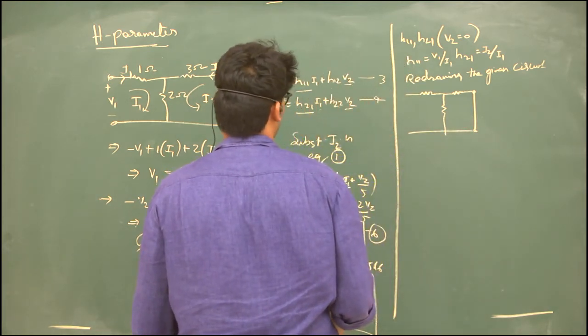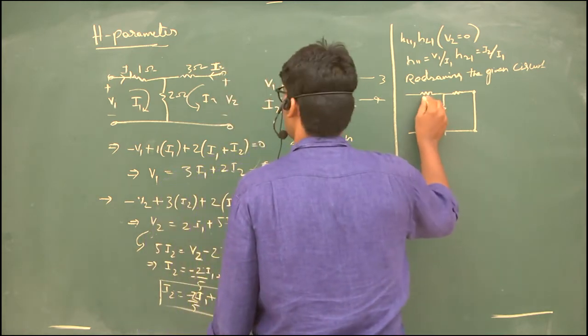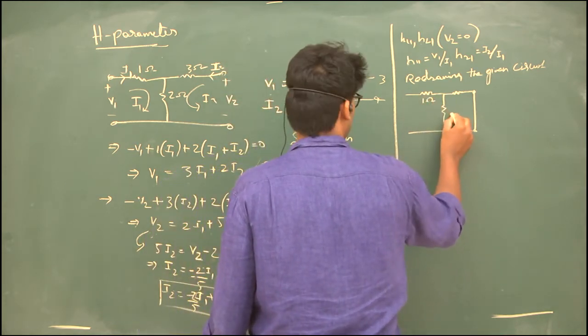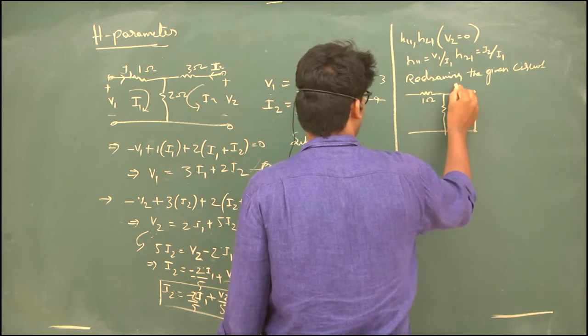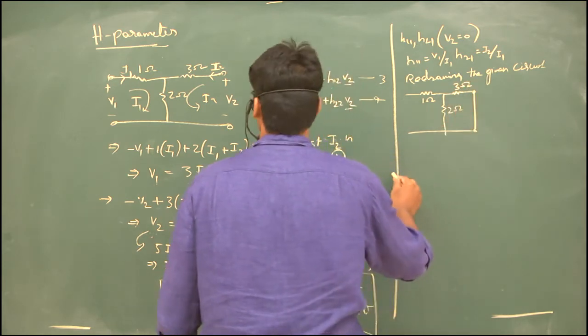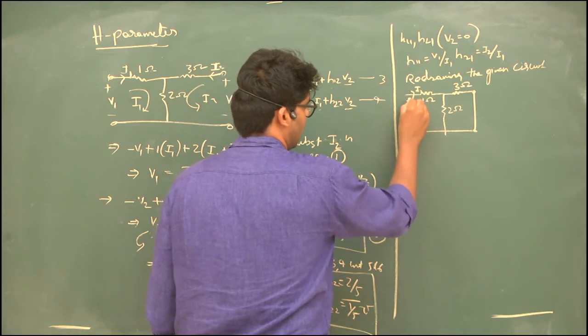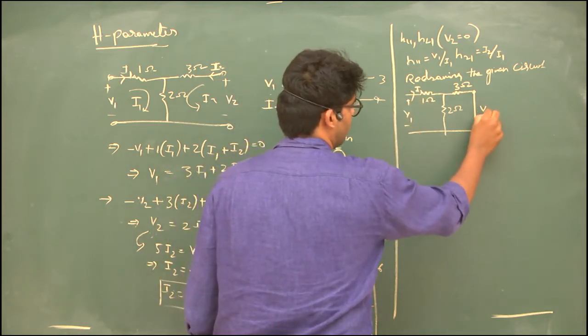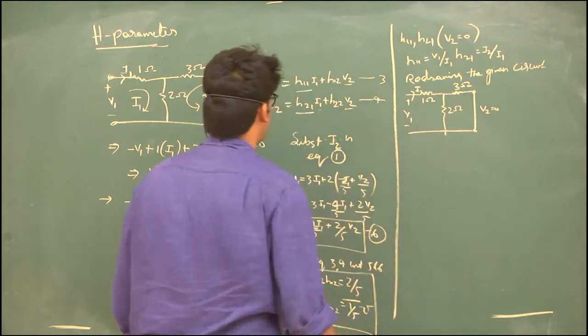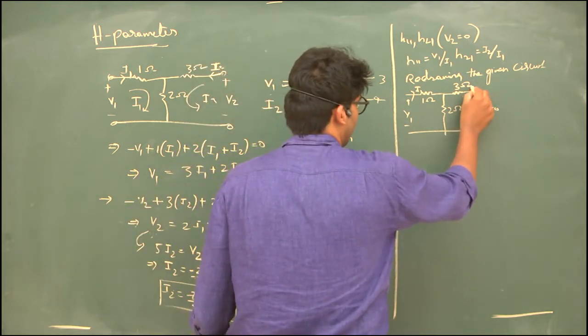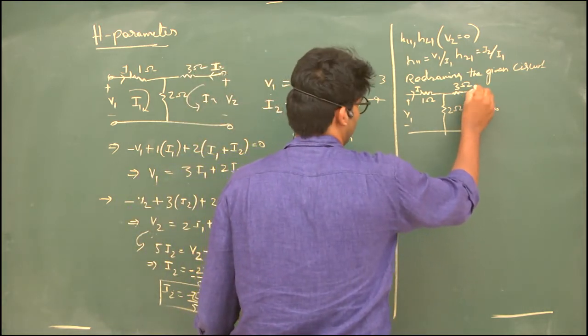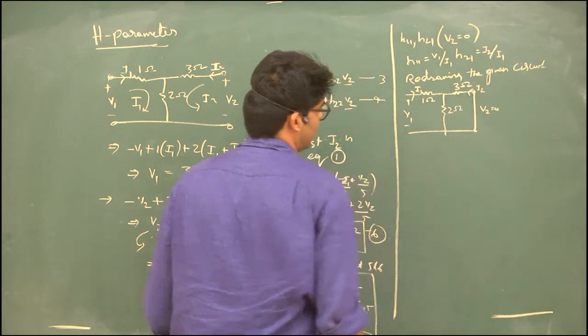This is 1 ohm, this is 2 ohm, and this is 3 ohm, and this is equation 1. I1 is the current, so V2 equal to 0 here, and current will be present here, that is I2 will flow.